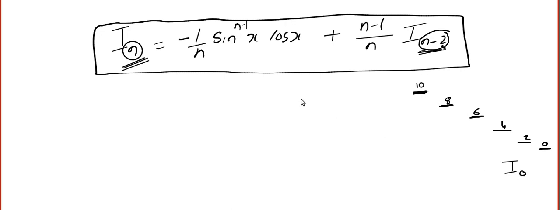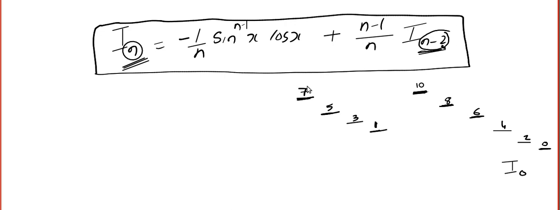Now just imagine I'm standing at step number 7, and if I use this formula, that means if I jump 2 at a time, I will reach step number 5 and then 3 and then 1.